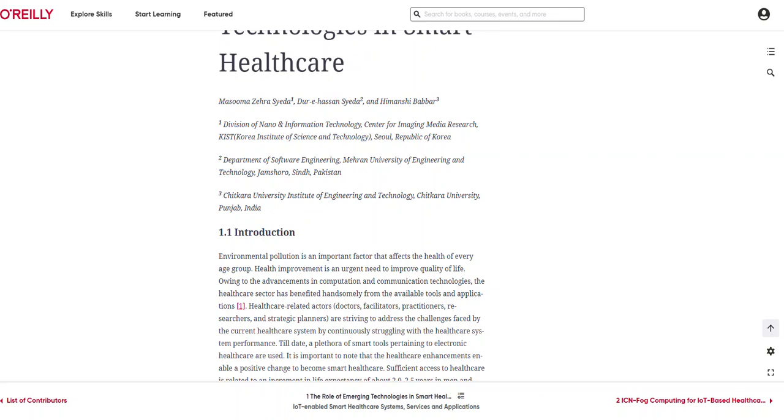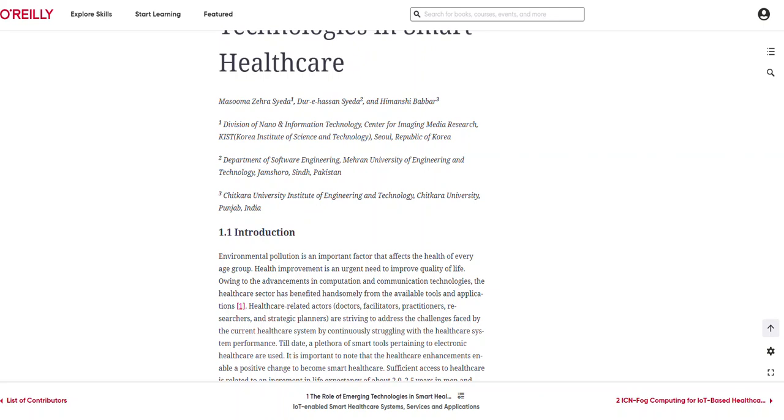Telemedicine platforms will become more sophisticated, integrating seamlessly with IoT sensors to provide real-time feedback during virtual consultations. 5G connectivity will also play a key role, allowing for ultra-reliable, low-latency communication between devices and enabling applications like remote surgery and real-time diagnostics in ambulances.